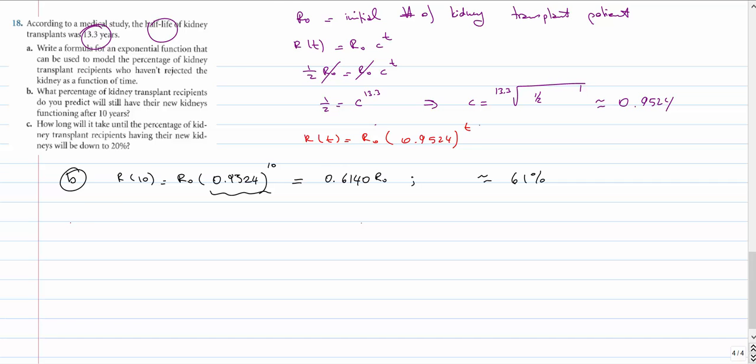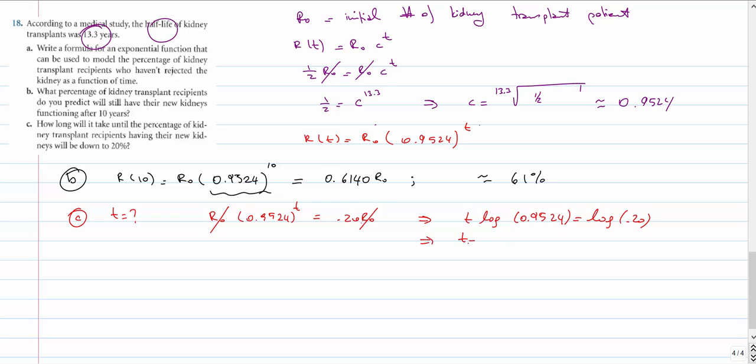C, how long will it take until the percentage of kidney transplant recipients having their new kidneys will be down to 20%? So R sub 0 times 0.9524 to the T is equal to 0.20 R sub 0. R sub 0 simplify each other. From here, T log 0.9524 is equal to log 0.20.